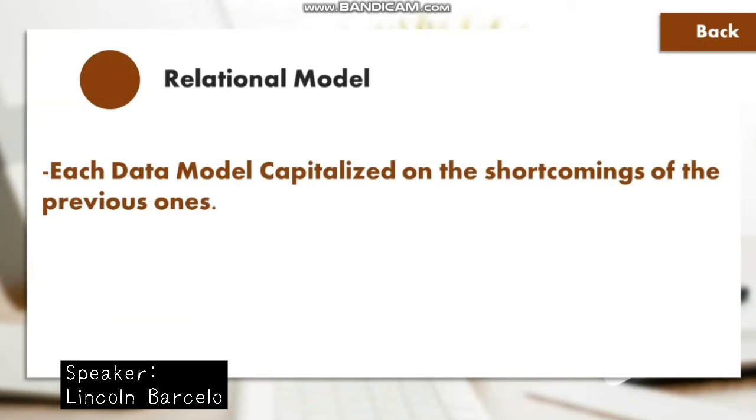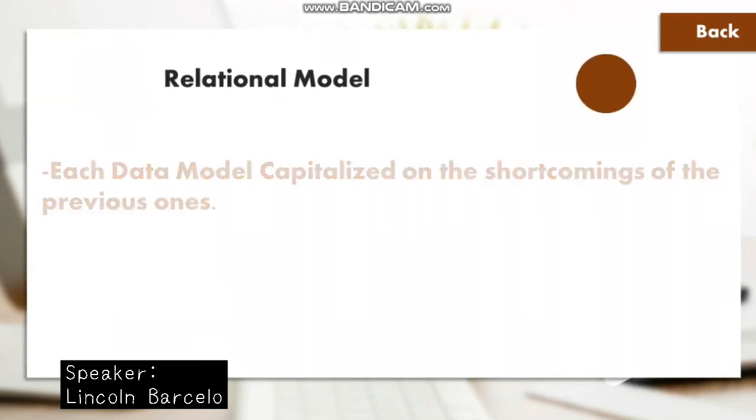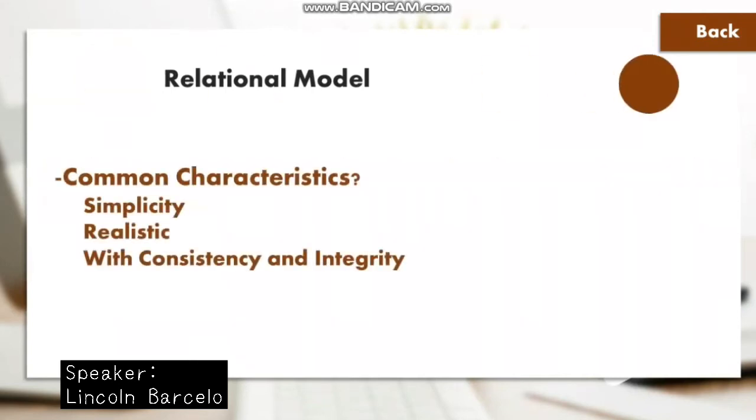Yung mga panibago po is nagkaroon ng mga characteristics, at yun nga po yung simplicity, yung realisticity, consistency, and integrity. This three po is something na naging factors po na naisaalang-alang for us to choose the database model na gagamitin po natin all throughout the database modeling career natin.